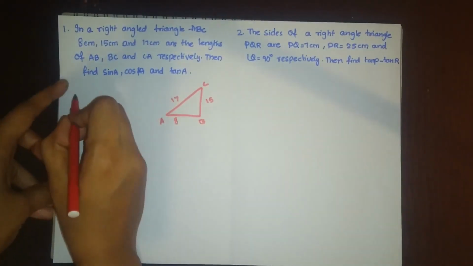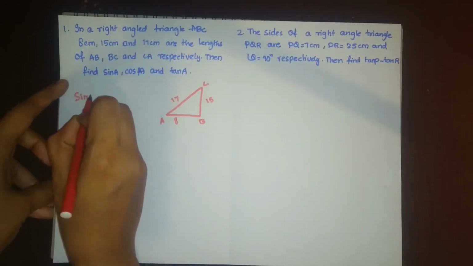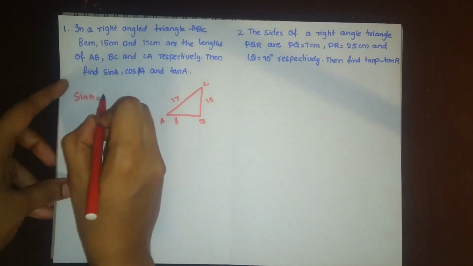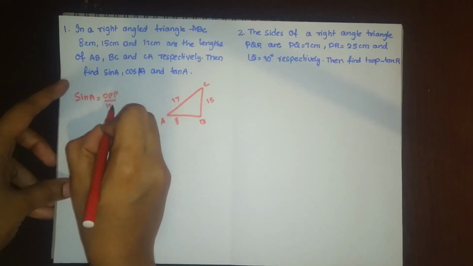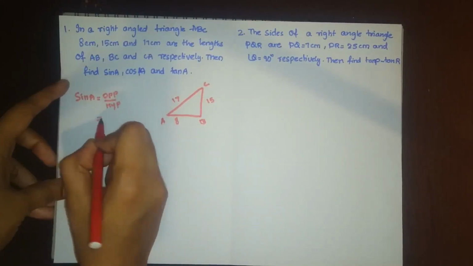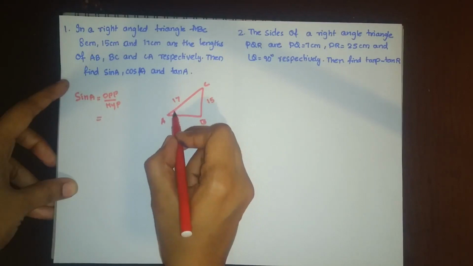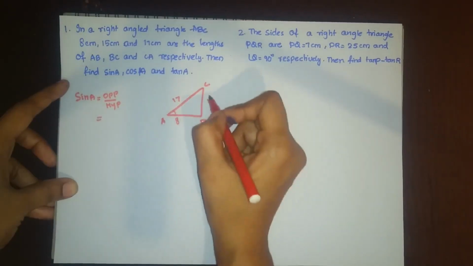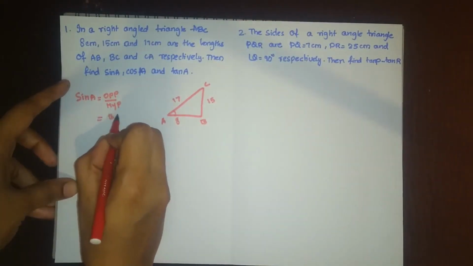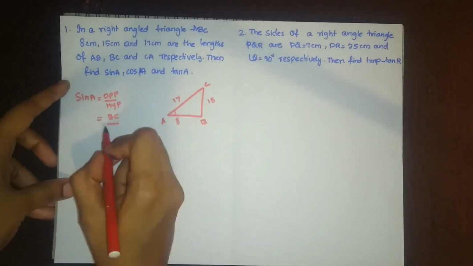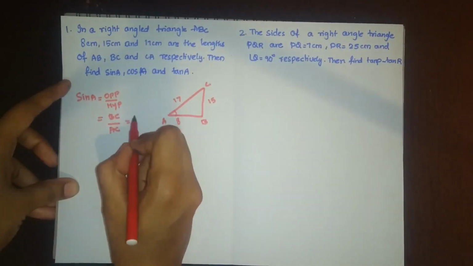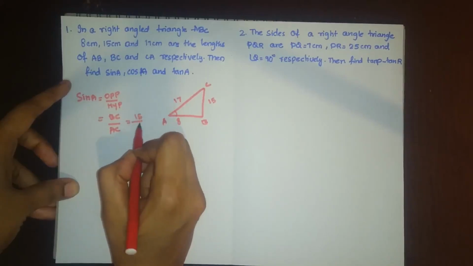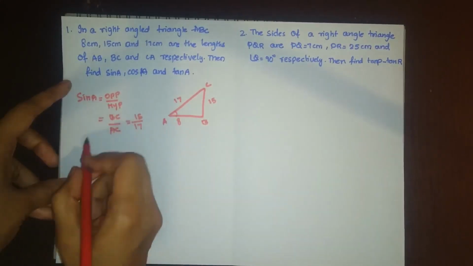Now, what is the value of sine of angle A? Opposite divided by hypotenuse. What is opposite to angle A? It is BC divided by hypotenuse AC, which is equal to 15 divided by 17.